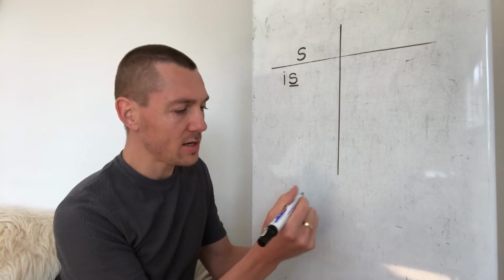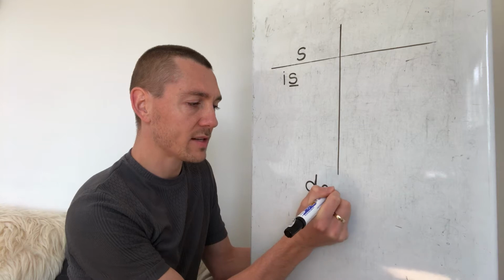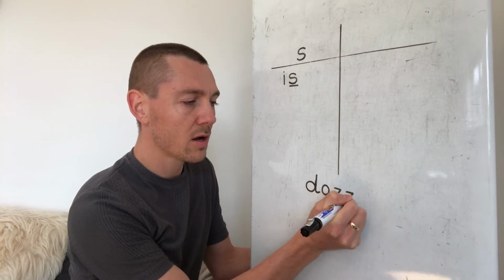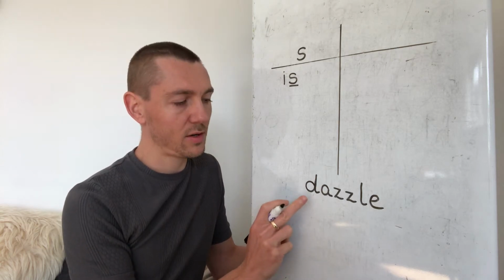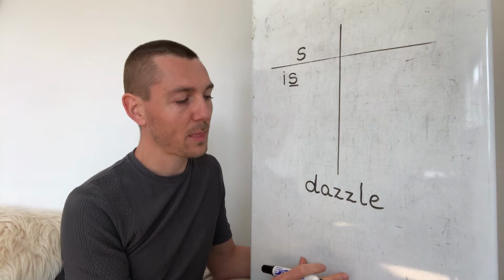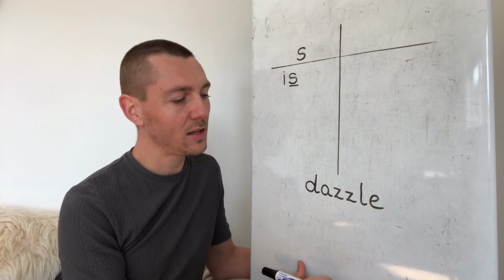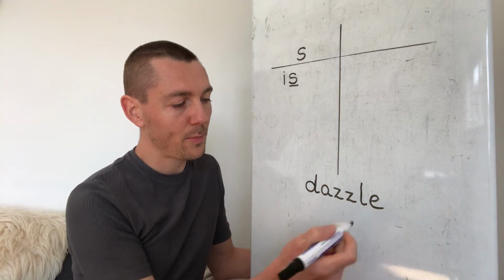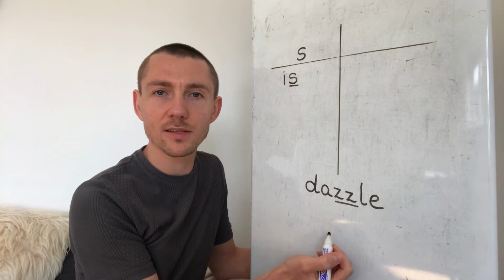So the next word I want you to read and then decide where it needs to go is a 2-syllable word, and the word is, 1, 2, 3, dazzle. So dazzle also has a Z spelling, but it's spelt differently. It's got the double Z spelling of Z there.